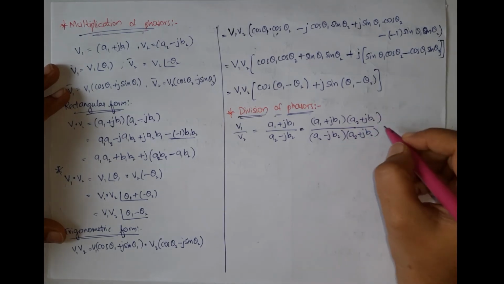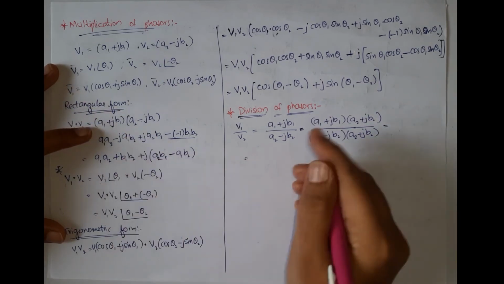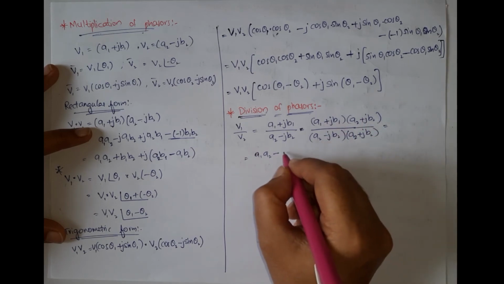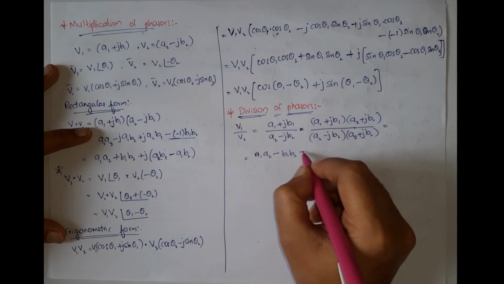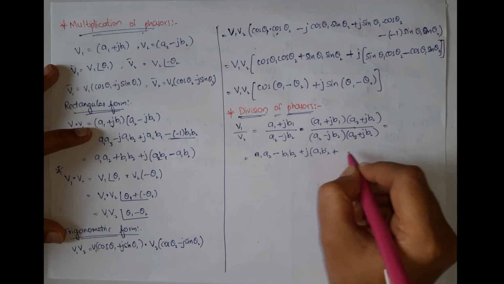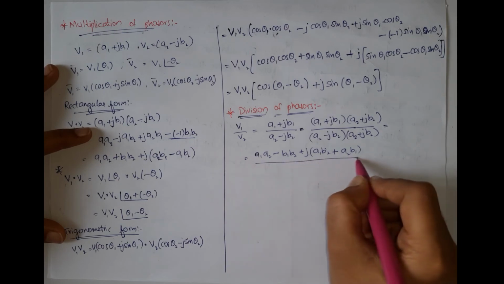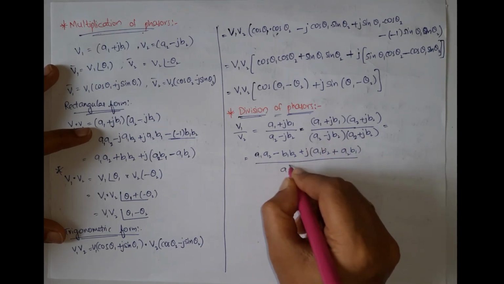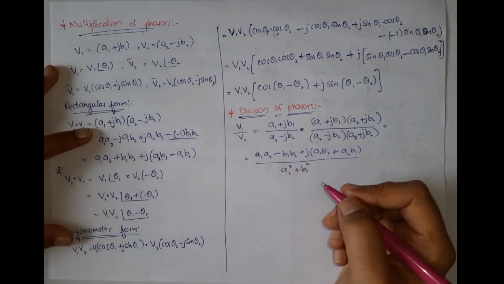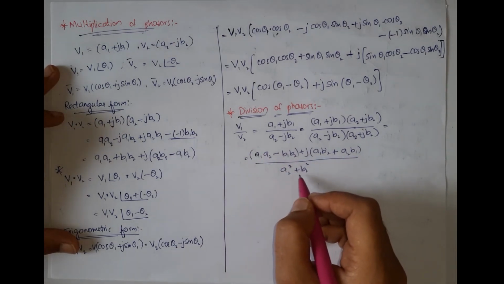So you'll be getting the resultant as, again multiply, the same as the previous case, like here A1 A2, J into J is minus B1 B2, plus J into A1 B2 plus A2 B1, right? By, this is what? A2 square plus B2 square, right? So this is about the rectangular form.